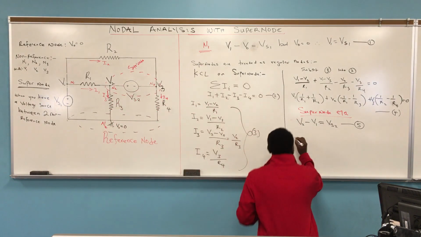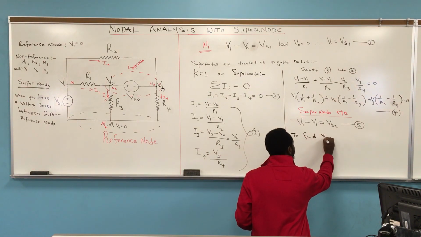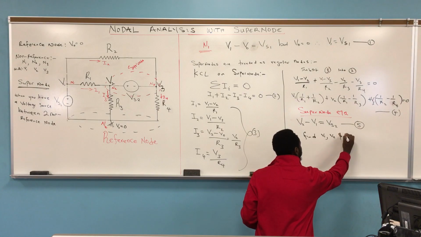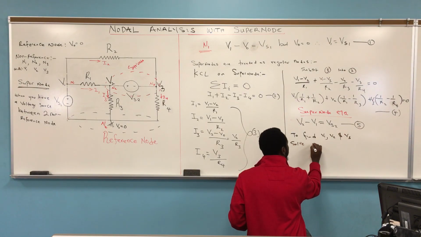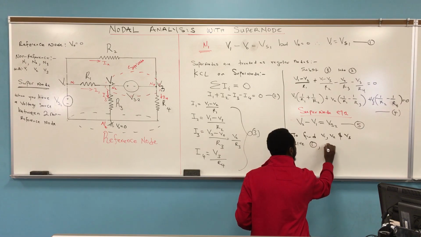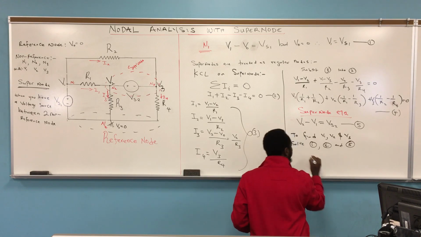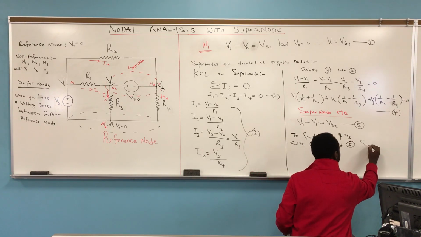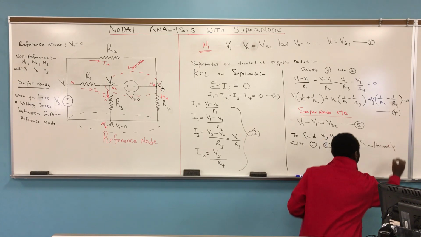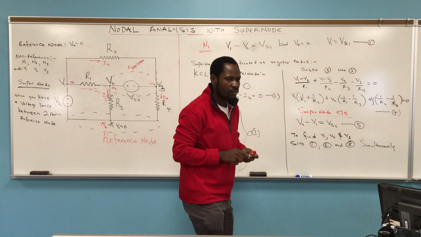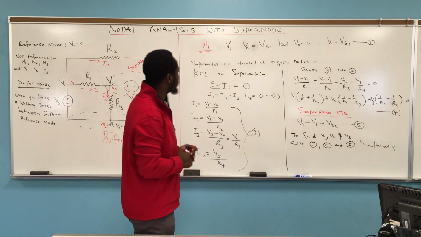So to find V1, V2, and V3, solve 1, 4, and 5 simultaneously. Right? So we're just going to plug in values and solve this circuit, right?